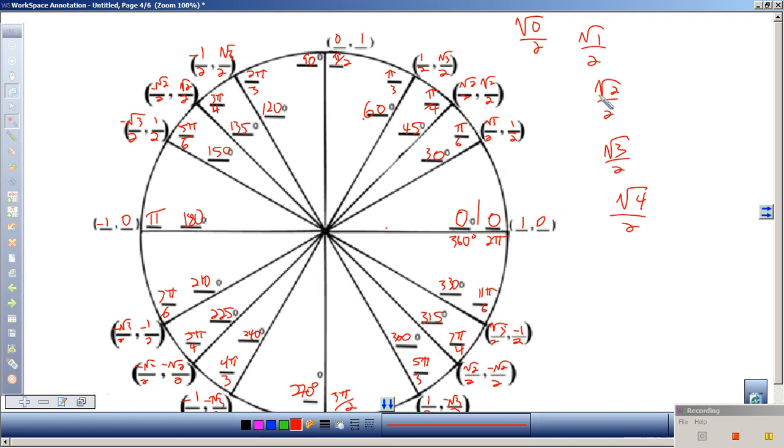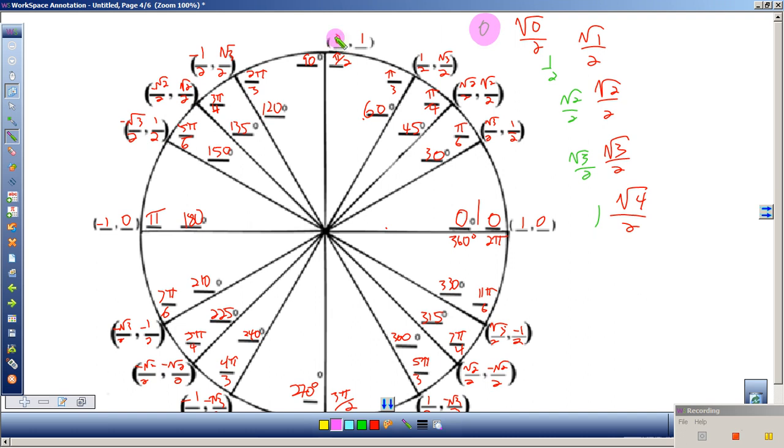So let's simplify all these numbers. What does root 4 over 2 simplify to? 1. This stays root 3 over 2. This stays root 2 over 2. What does this simplify to? 1/2. And what does this simplify to? 0.